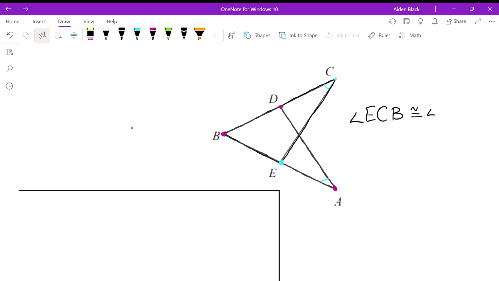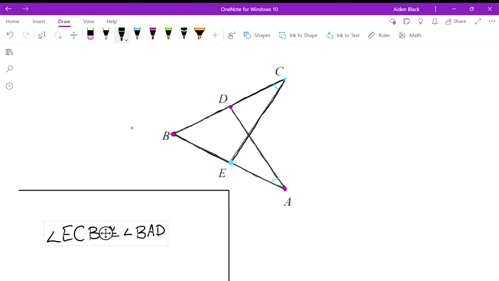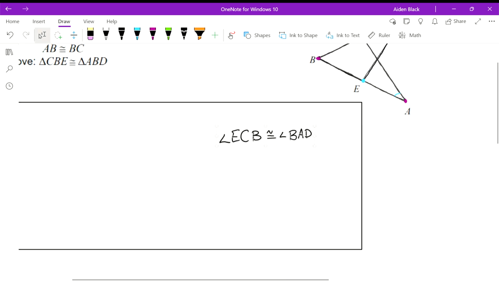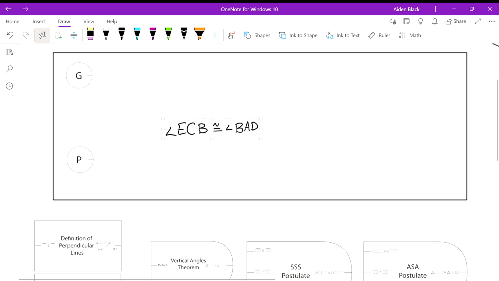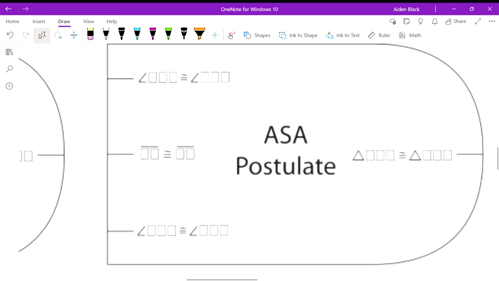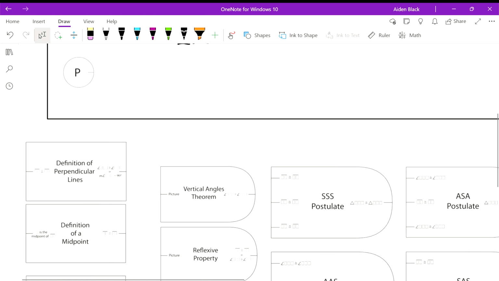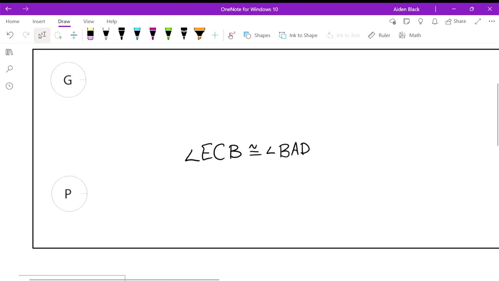And the reason why I want to write it like this, although it's already a good practice, is because this is how these congruencies are outlined in our proof blocks. So you can see down here, for example, by the ASA, angle side angle postulate, we have angle blank blank blank is congruent to angle blank blank blank. So that's why I'm writing it out, so you can see it and it'll fulfill that sort of pathway to the end of your proof.